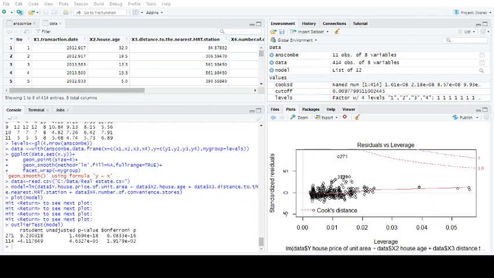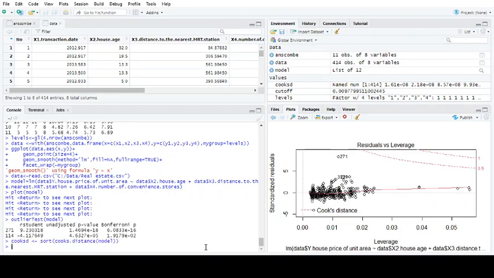So what I'm going to do now is show you a really neat way of identifying individual outliers. So I'm doing a sort. As you can see, you can pull out the Cook's distance using this wrapper function. You can create a data set, and this is doing the maths for you.